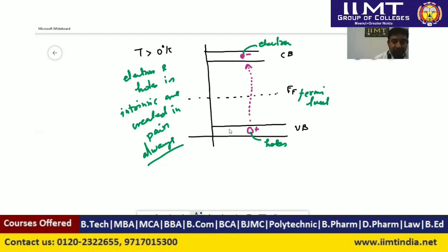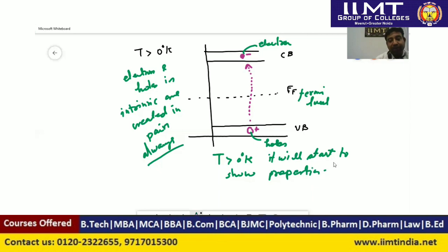So in this situation, since we now have the availability of electrons, at temperature greater than 0 degree Kelvin, it will start to show properties of a conductor.